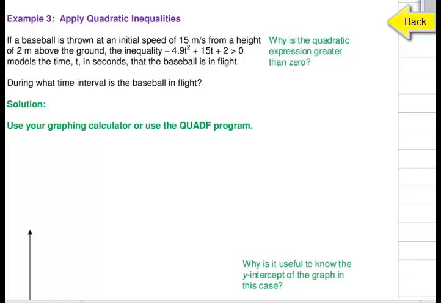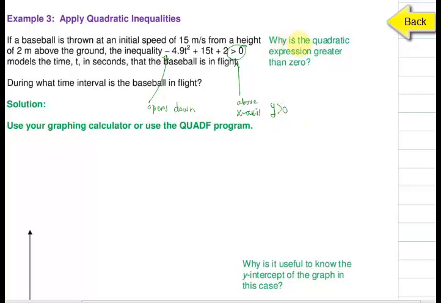Okay, well let's take a look at our parabola here. Alright, a is negative, which means we have a parabola that opens down. We have greater than 0, which means we are looking above the x-axis, where y is greater than 0.